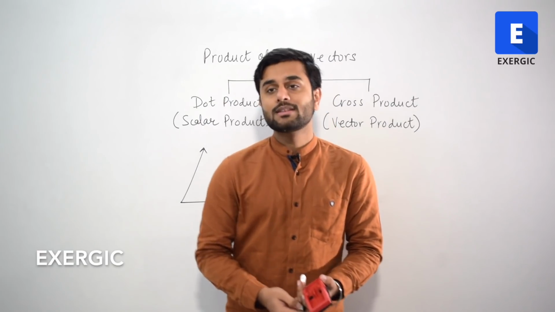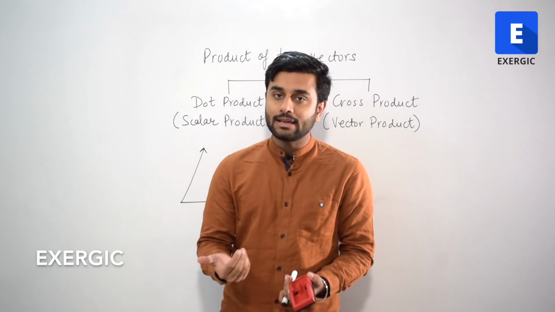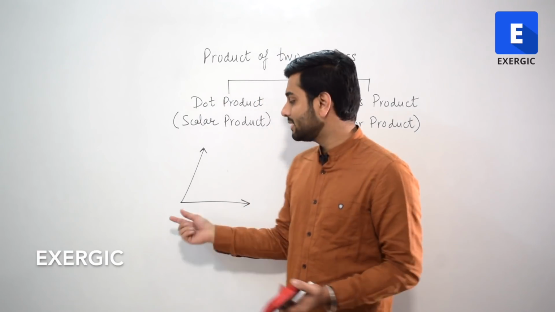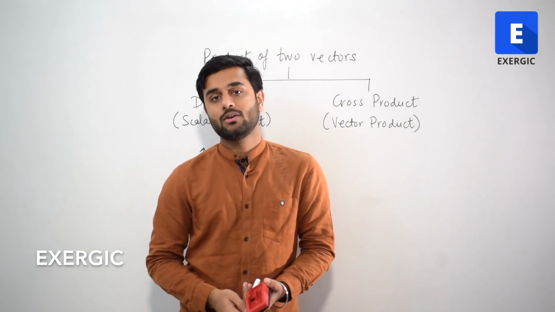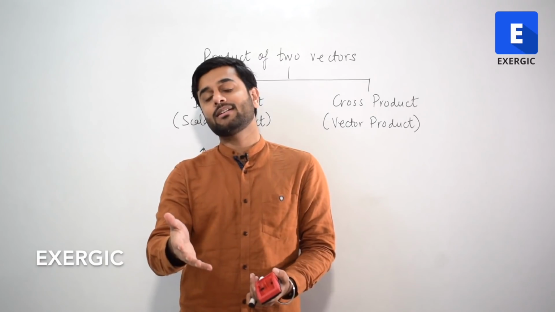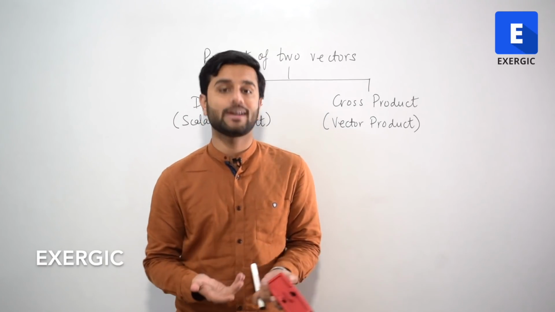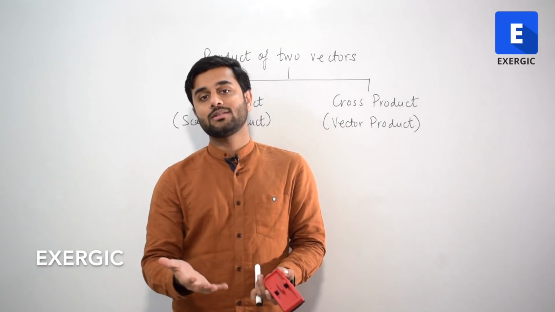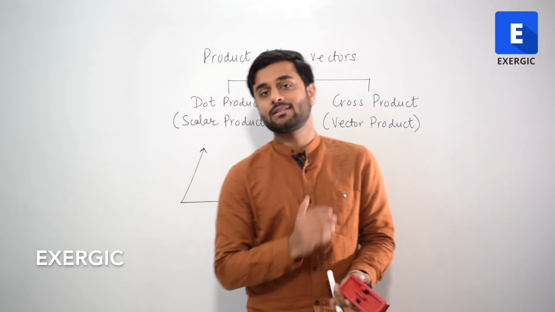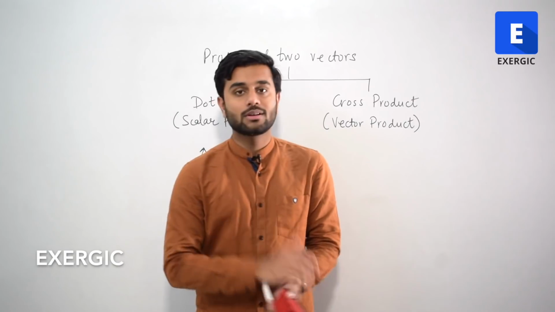Similarly, am I talking about multiplying the angle that they are making from any reference? What exactly can you do when you are multiplying two vectors? I'm sure this question will hit you once we talk about the product of two vectors, and that should come to your mind.